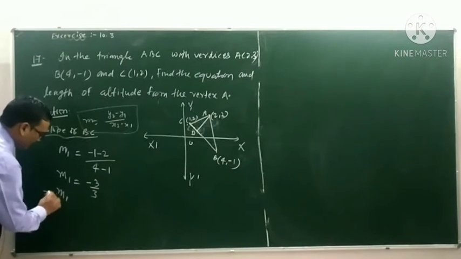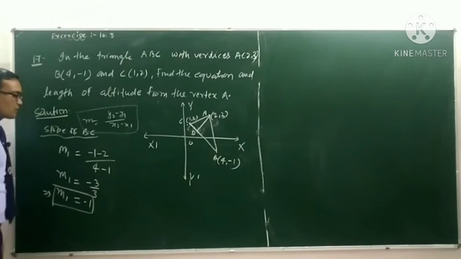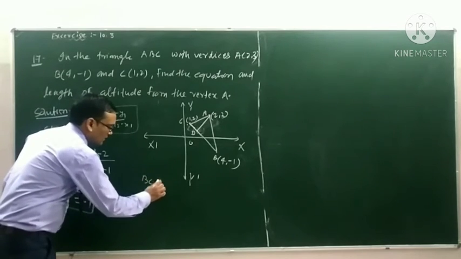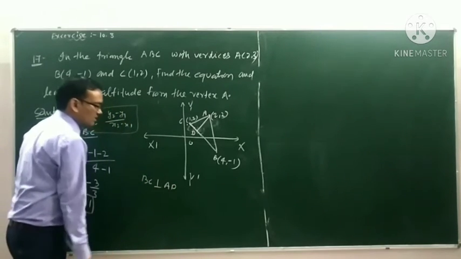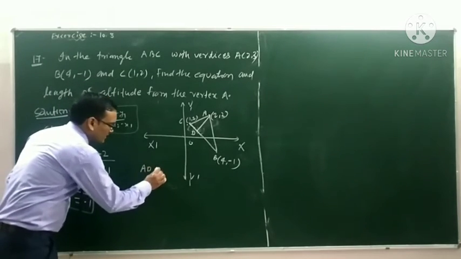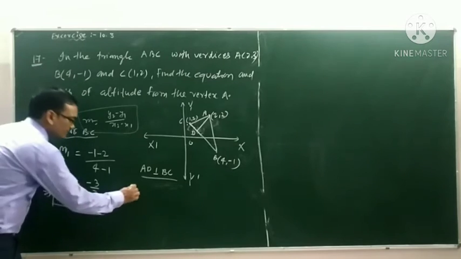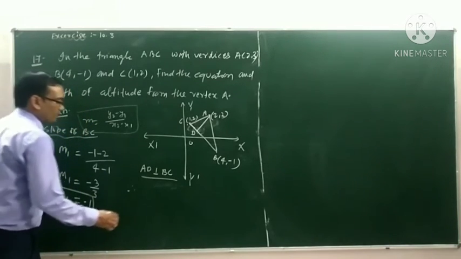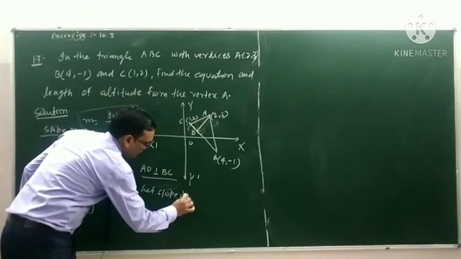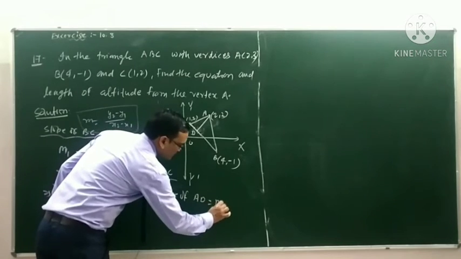This implies that m1 equal to minus 1. Okay, students. BC perpendicular AD, or AD is the perpendicular on BC, then slope of AD m2.